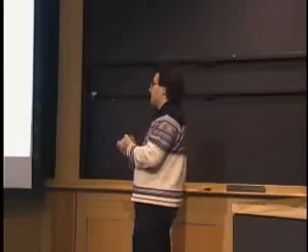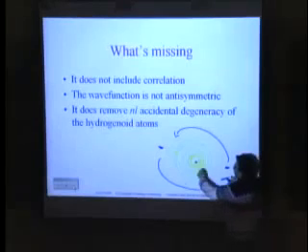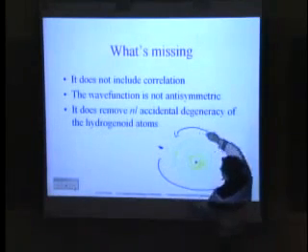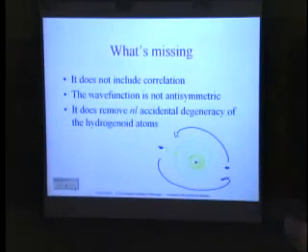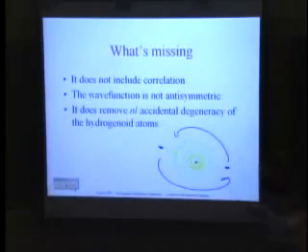This is what is missing in the Hartree equation. The fact that electrons want to keep each other apart as much as possible, but that is an instantaneous effect, is what people call dynamical correlation.